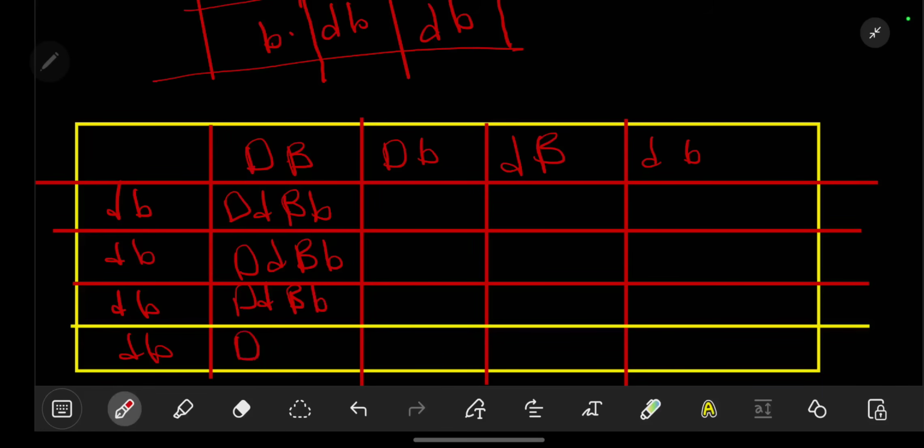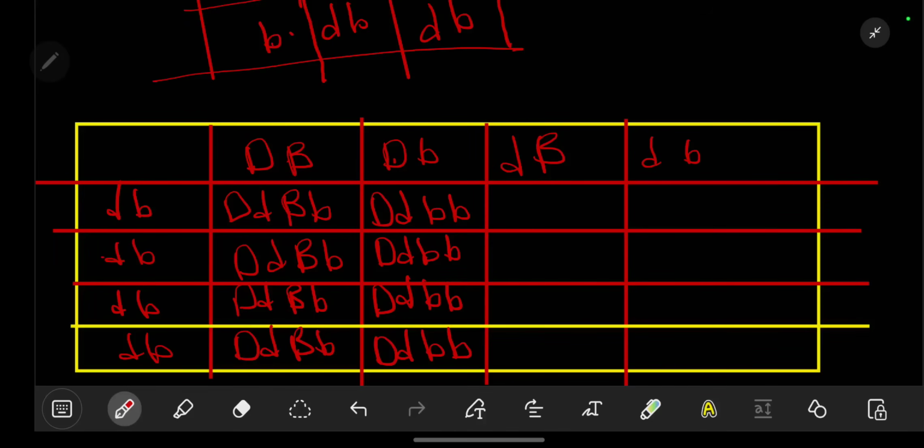We have our D, small d, B, small b. Then we have our D, small d, B, small b, like that. We are here, so we have D, small d, B, small b. We have our D, small d, B, small b. We have our D, small d, B, small b, like that.